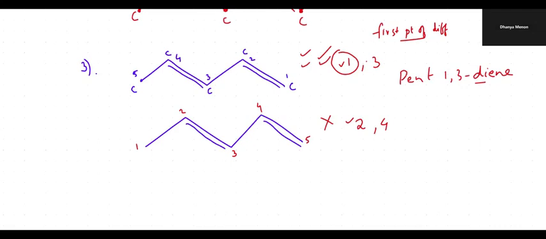Okay. So whenever there's a double bond, we use ene. If there are 2 double bonds, diene. If there are 3 double bonds, triene, and so on. Okay. Now, moving on further. So I'm erasing it. I hope you understood till here.